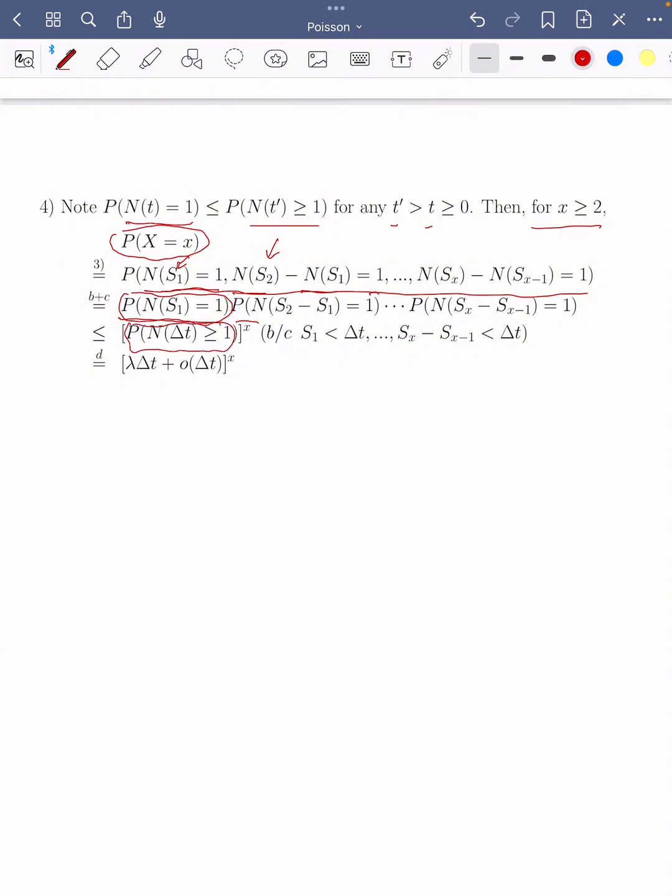So we have one copy here, another copy here, and x copies in total, so we raise this to the power of x. Then following property D, each of these probabilities is just equal to lambda times delta t, plus little o delta t.